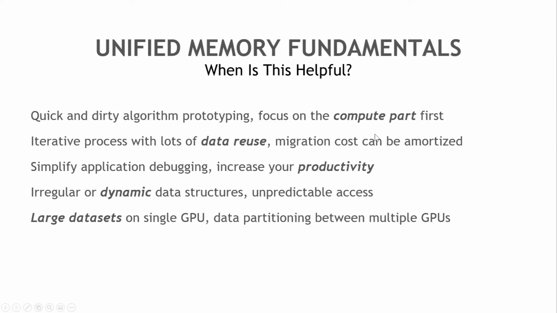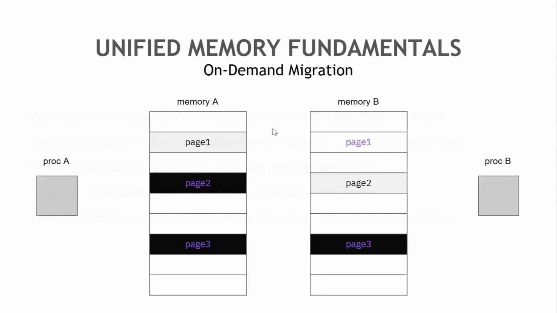But usually what we want to figure out first is if the kernel is actually running faster on the GPU than it was running on the CPU. So it allows much easier use and porting time to GPUs.